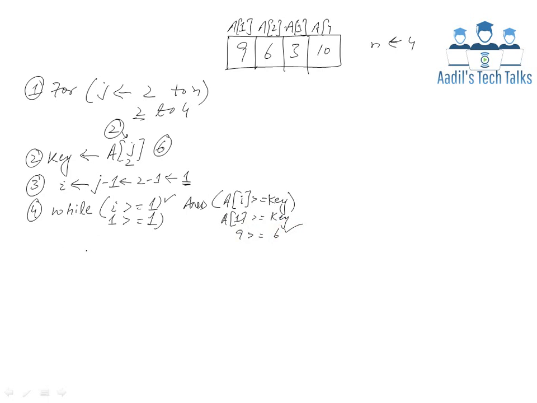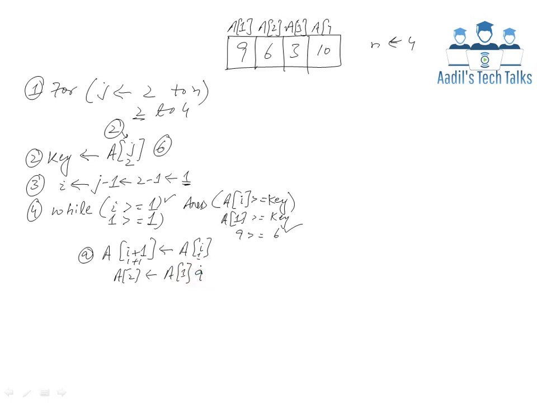So we will execute step a: A[i+1] gets A[i]. i is 1, plus 1, so a2 gets A[i], where i is 1, which means the value from a1 is copied to location 2.